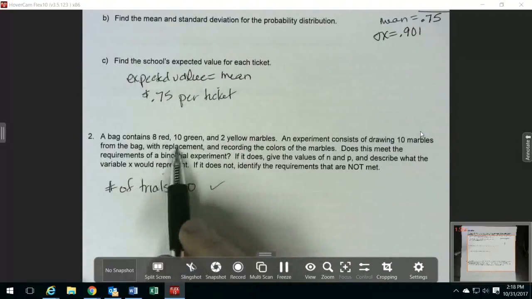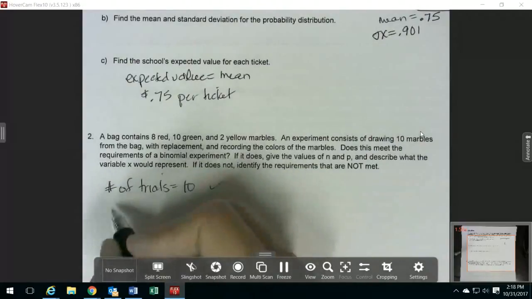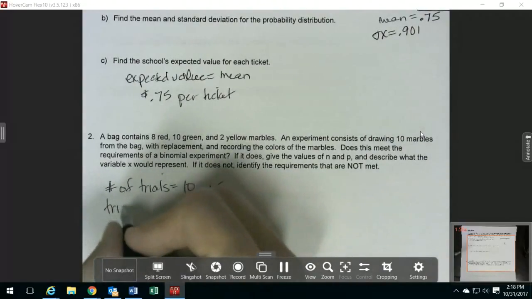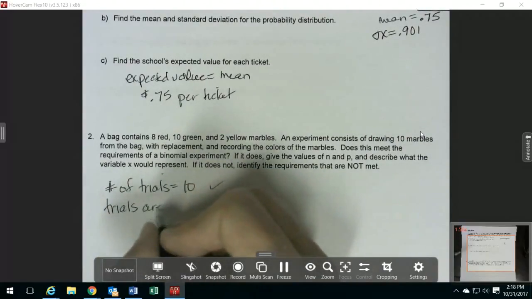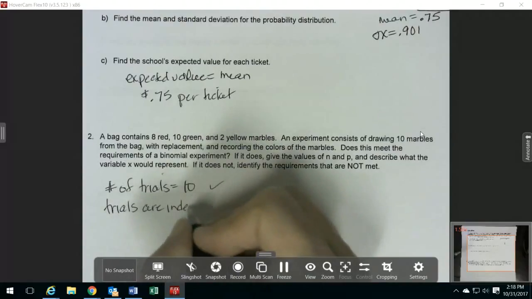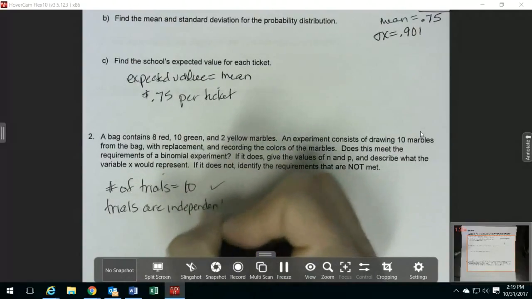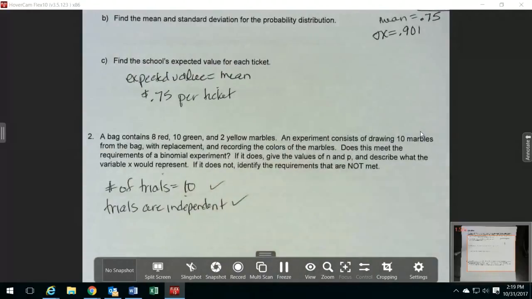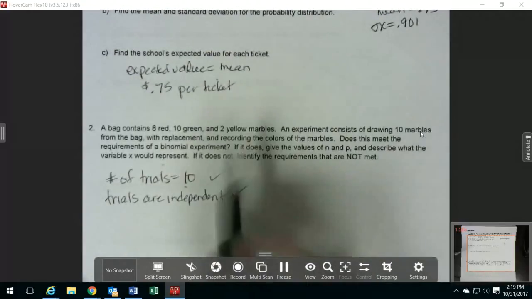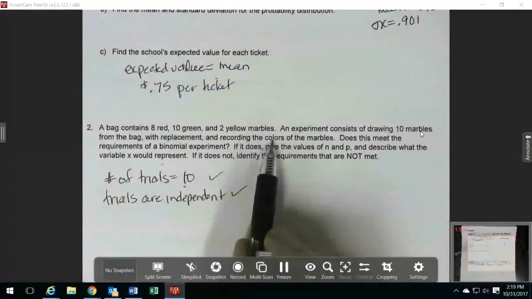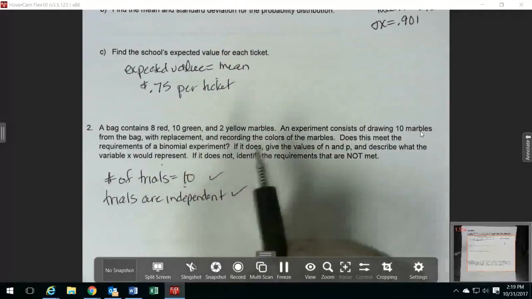Okay, and then it's selecting from the bag with replacement. So that means that the trials are independent. So that requirement is met. And then it says it's recording the colors of the marbles. So we actually have 3 different colors.